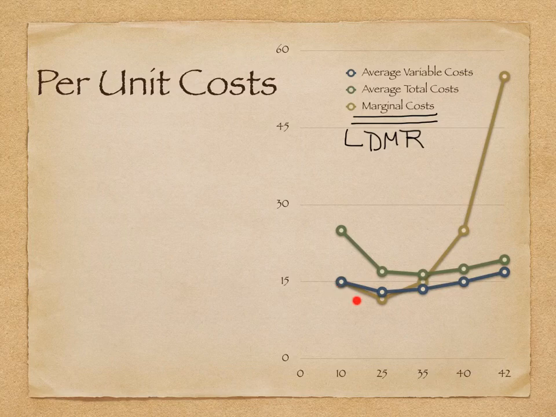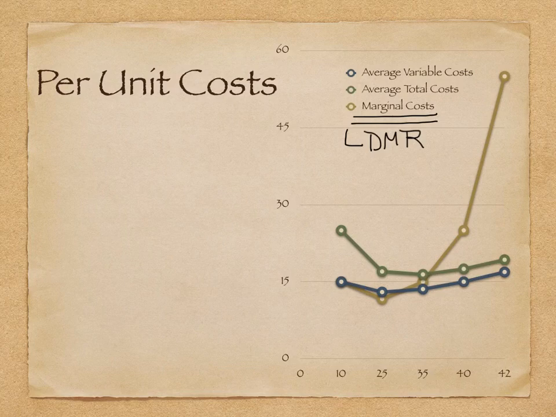It's also important to note that this marginal cost curve is going to give shape to the two average cost curves. Whenever the marginal is below the average, the average must decrease, and whenever the marginal is above the average, the average must increase.